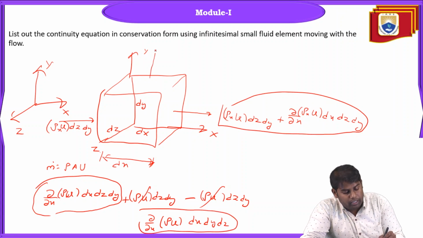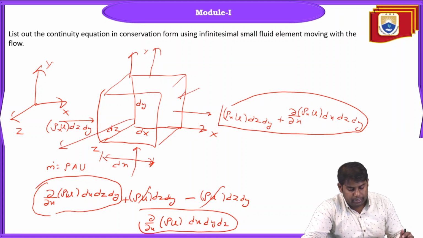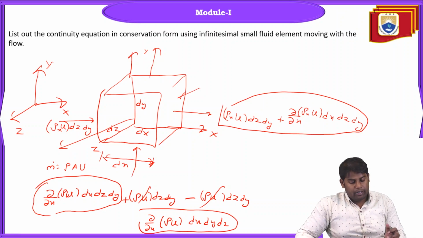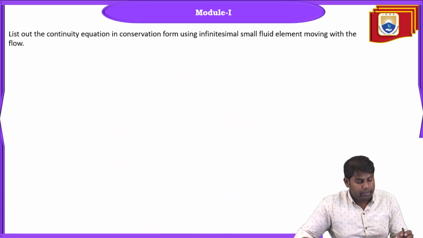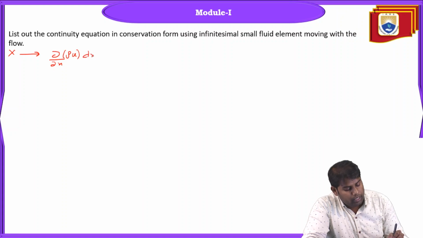Similarly, we need to see what is coming from y, and similarly what is coming from z. If we do the same approach, along x we get dou by dou x of rho u dx dy dz.